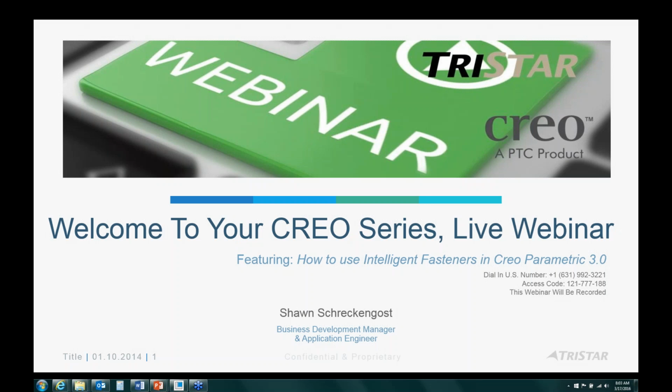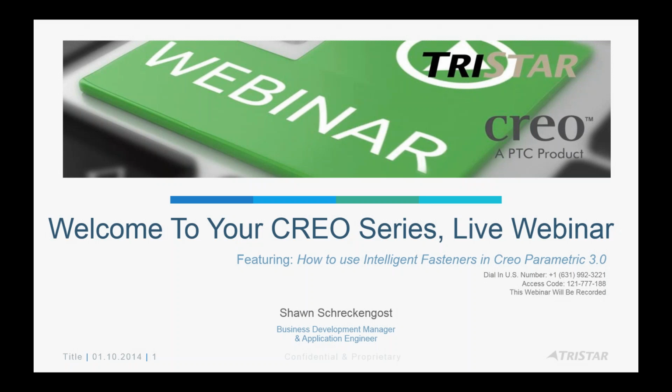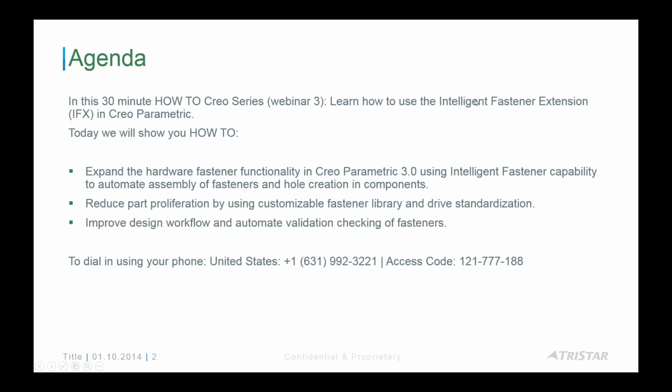For this series webinar, we are going to feature how to use the Intelligent Fastener extension in Creo Parametric 3. So for this 30-minute webinar, we're going to show you how to expand the hardware fastener functionality in Creo Parametric using the Intelligent Fastener capability to automate assembly of fasteners and hole creation in components.